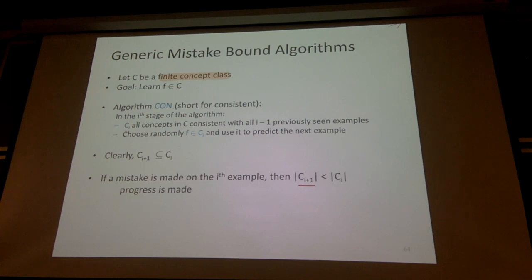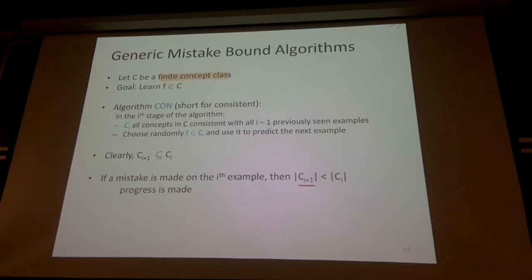Every time a mistake is made, at least one function will be removed, because we know there was at least one function that made a mistake. So the number of functions in C_{i+1} is strictly less than the number of functions in C_i every time there's a mistake. As a result, we count this as progress. We are narrowing down on the true function.